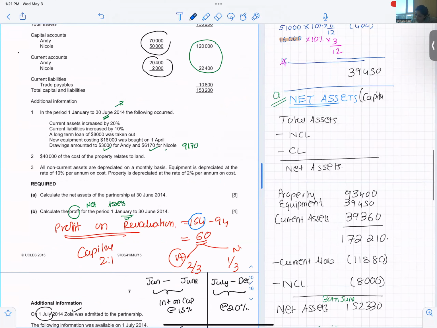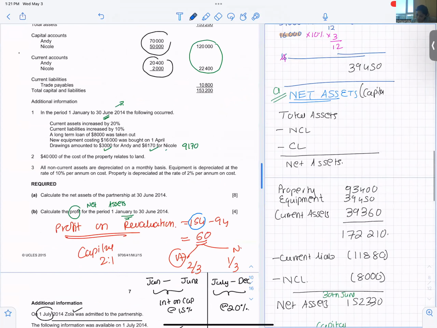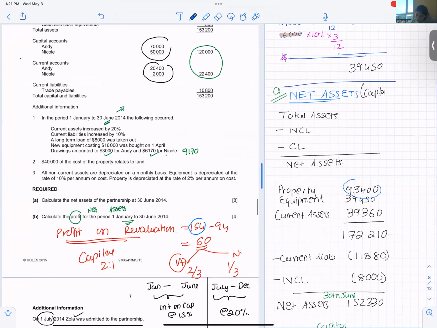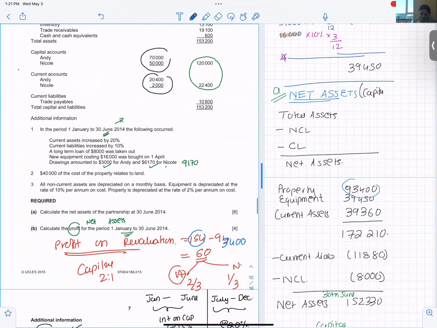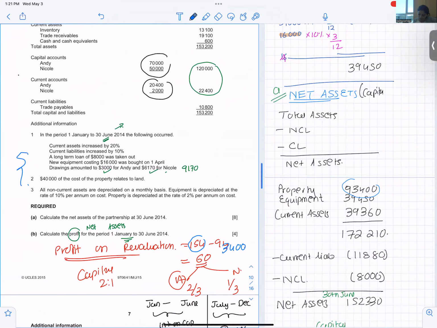But I have calculated the new value of the property as 93,400 when I calculated my net assets after doing all these adjustments from Jan to June. So I have a profit on revaluation of 154,000 minus 93,400. I have a profit on revaluation of 60,600, which will be shared between Andy and Nicole in the ratio of 2:1.